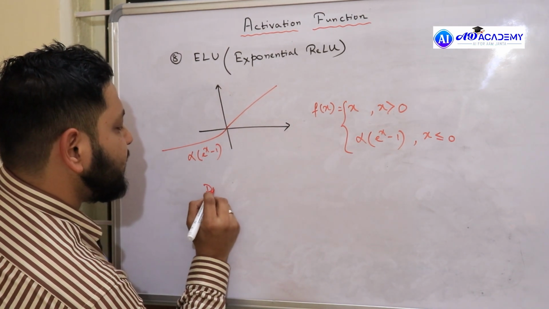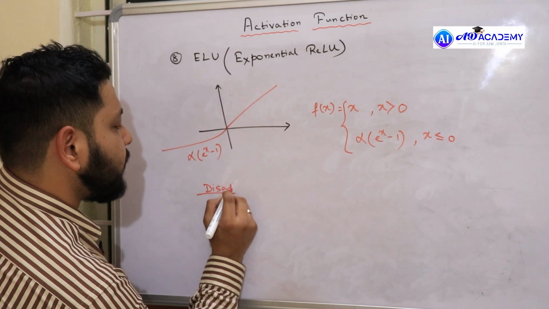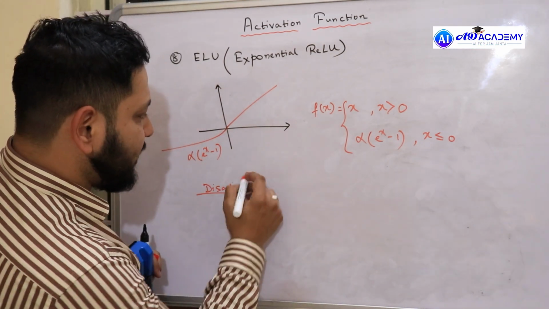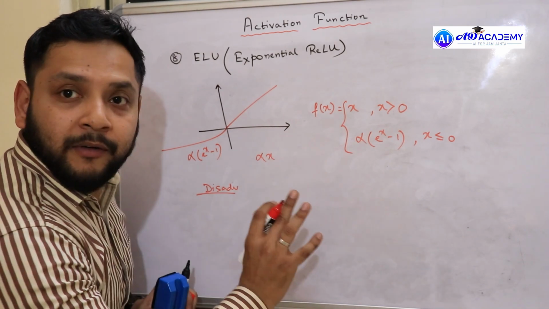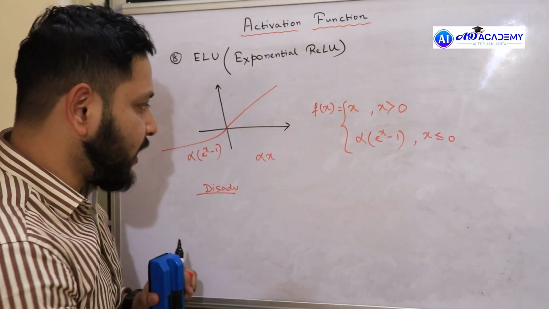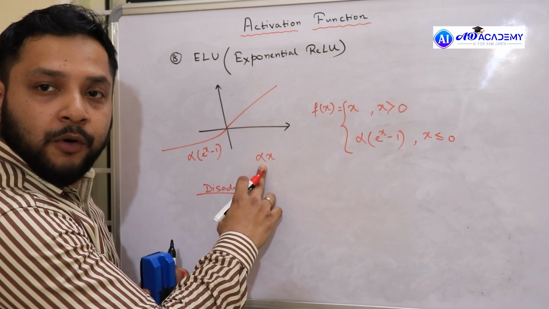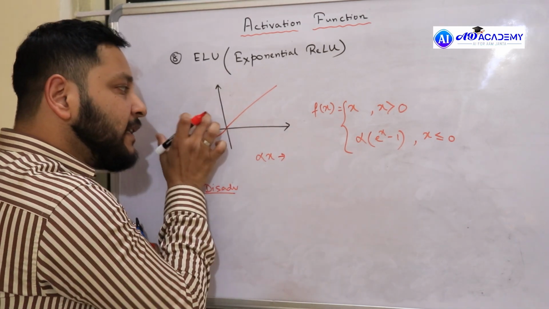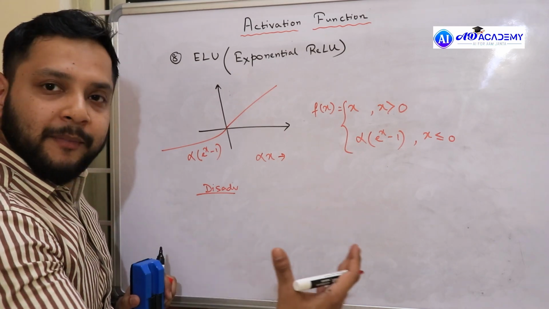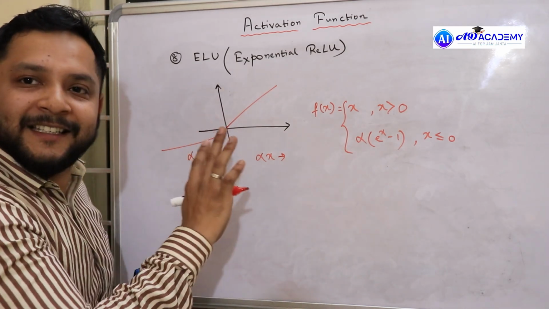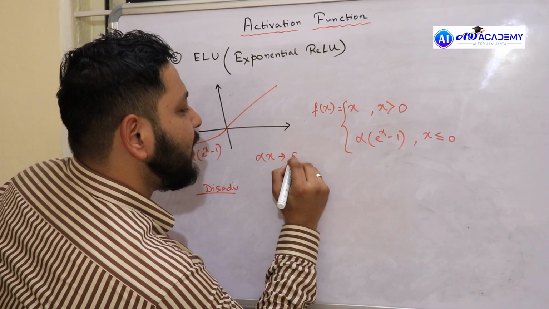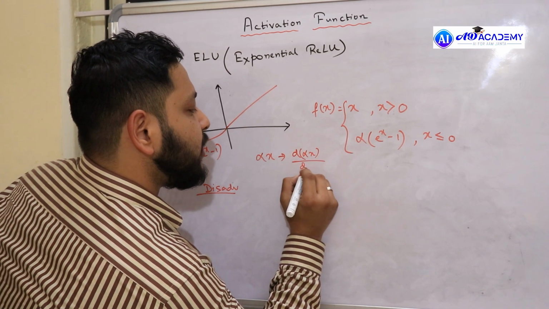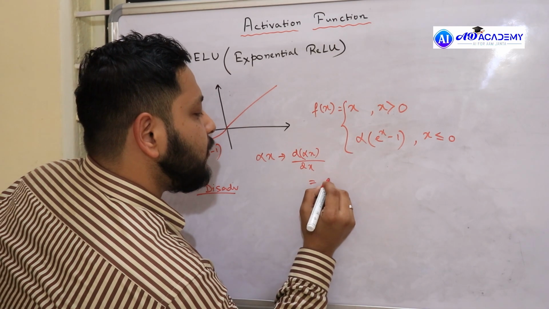So one of the disadvantages is that computationally it will take more time than alpha x. So what will happen while we are doing the back propagation? If say it is a parametric ReLU, then what will happen while doing the back propagation in this region? If the weight is in this region, derivative of alpha of x with respect to x will give you this value.